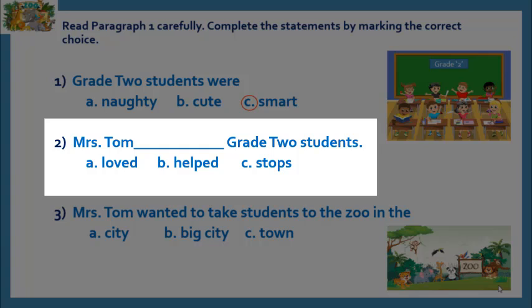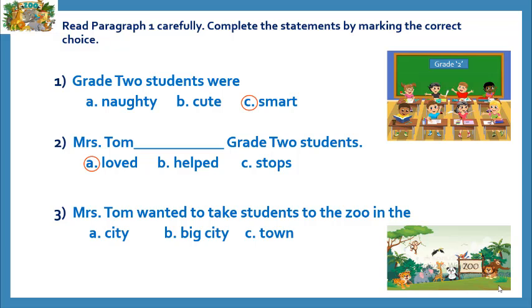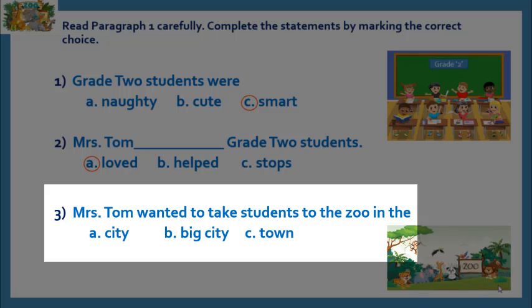Mrs. Thome loved, helped, or stops grade 2 students? Excellent! Mrs. Thome loved grade 2 students. Sentence number 3. Mrs. Thome wanted to take students to the zoo in the city, big city, or town?